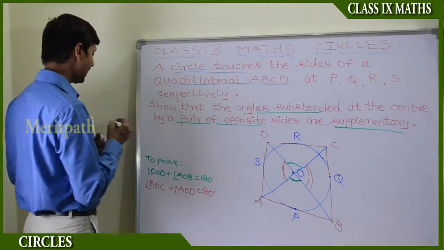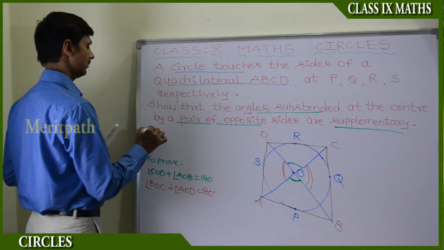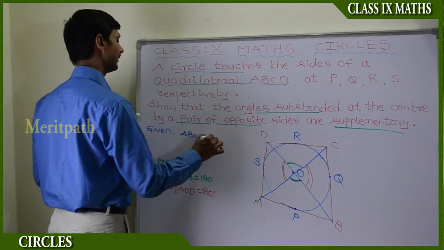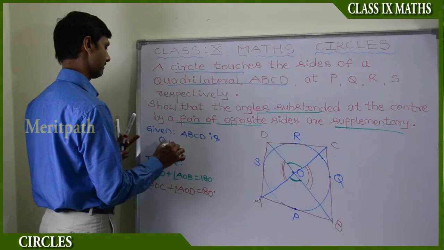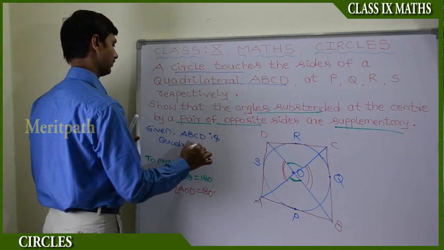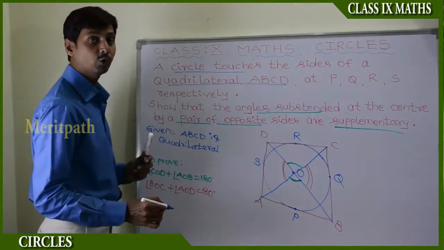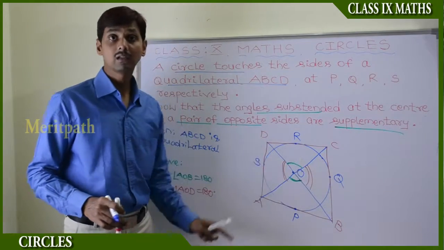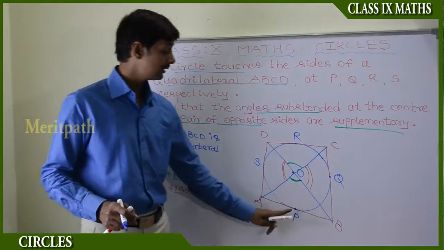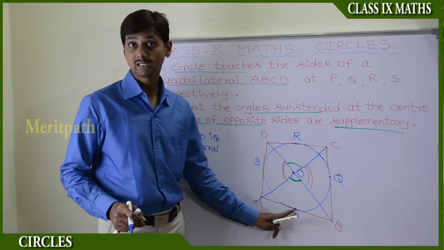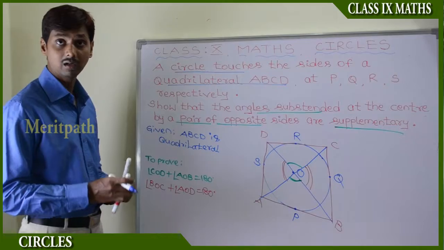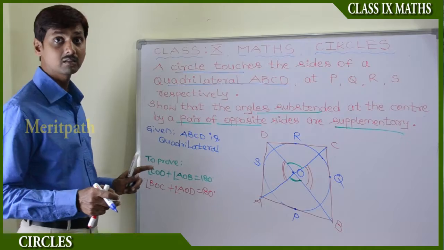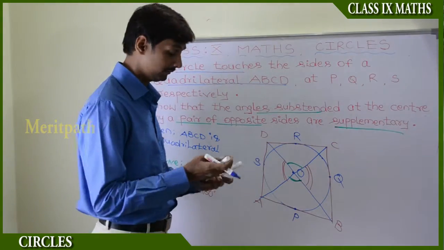Here it is given that ABCD is a quadrilateral and PQRS are points where the circle touches the sides of ABCD. We need to prove that the sum of these opposite angles is supplementary.